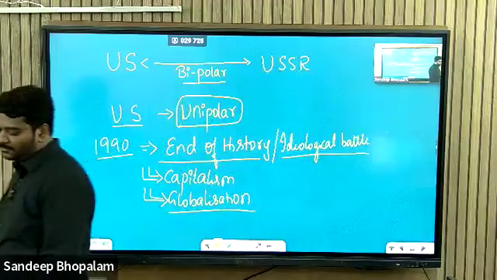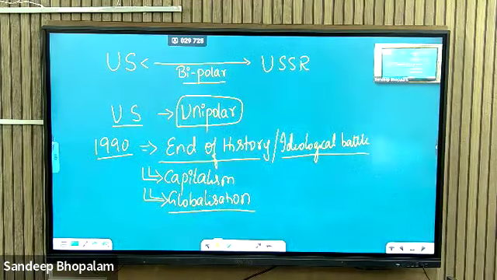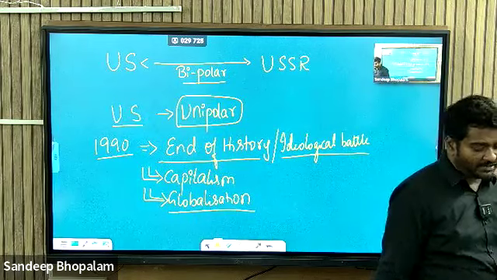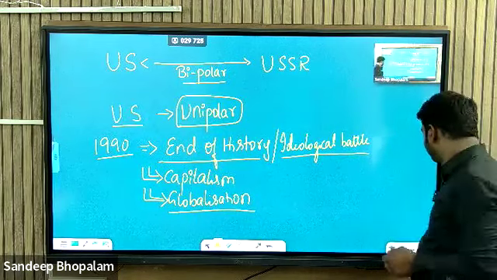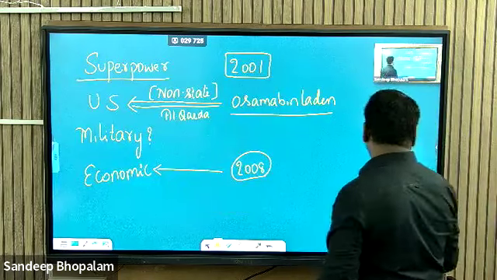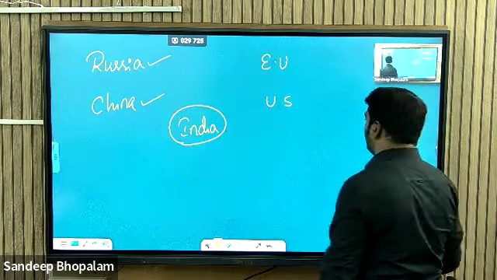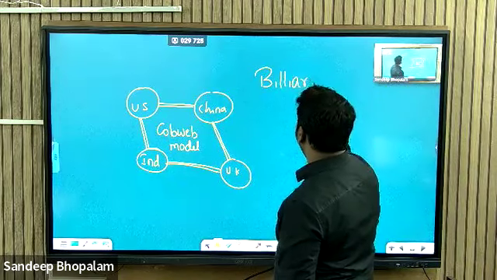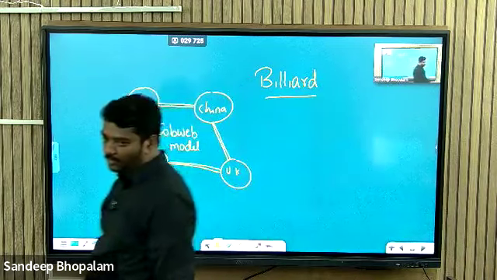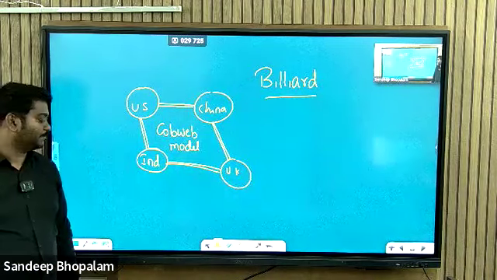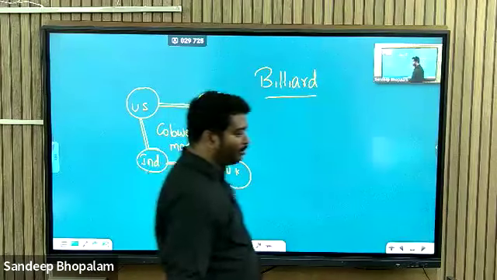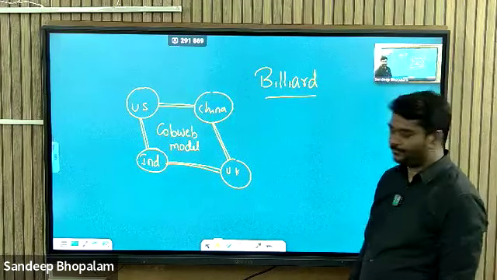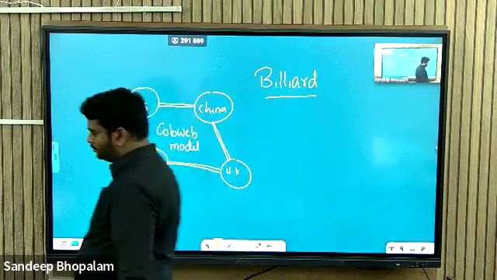This point led to the world shifting from the billiard ball model to the cobweb model. Next point.